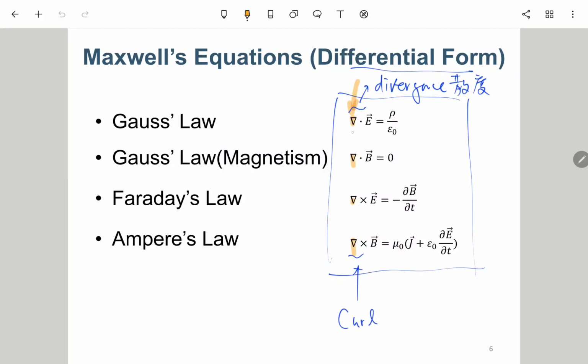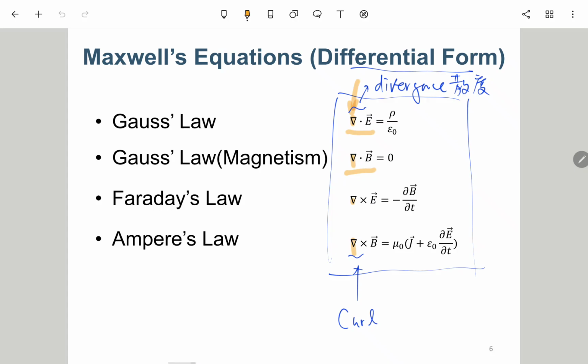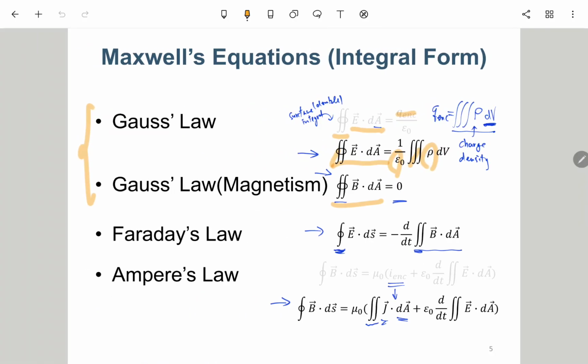Both of them turn into gradient dot E and gradient dot B, or divergence of E and divergence of B. Now for the right side, we skip the integral sign, so only rho over epsilon naught on the right side for Gauss law. And here, 0, you can consider it as a triple integral of 0 dV.